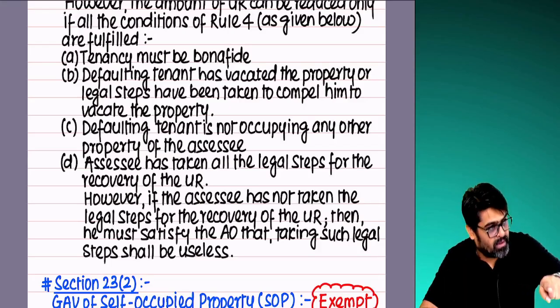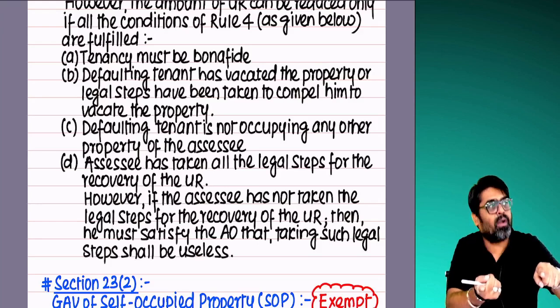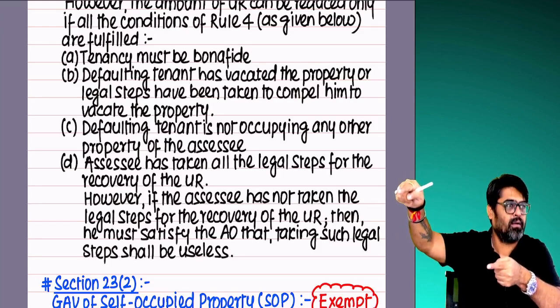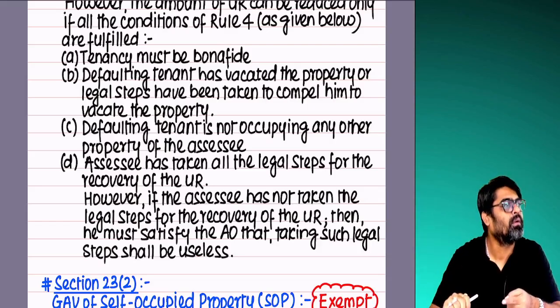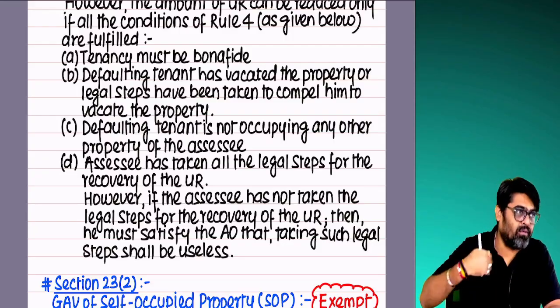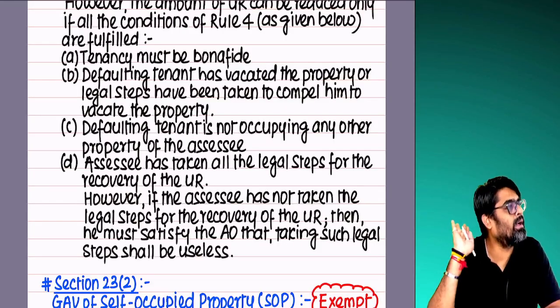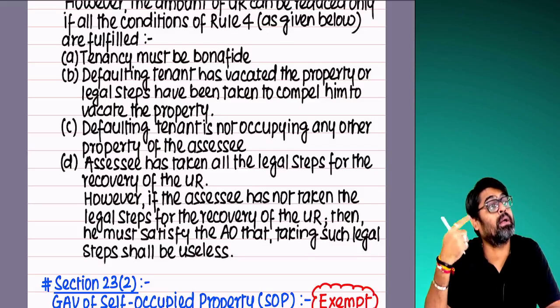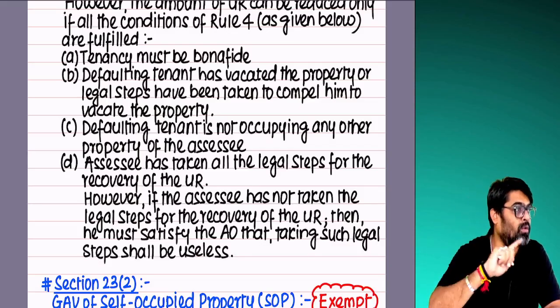So if the same assessee gives other properties on rent to the same defaulting tenant, that is not going to help. If he has occupied the other properties, then we are not going to give you any deduction for unrealized rent. He should not be occupying the other properties belonging to the assessee.